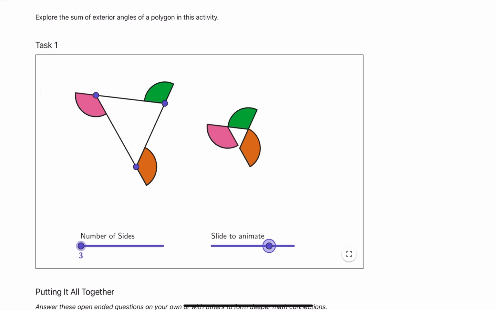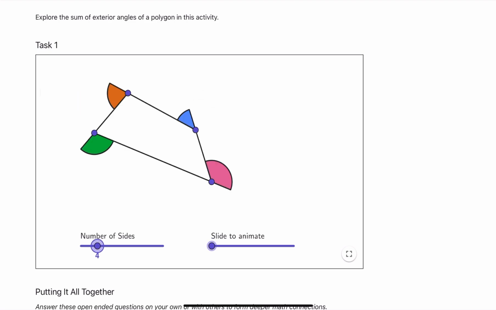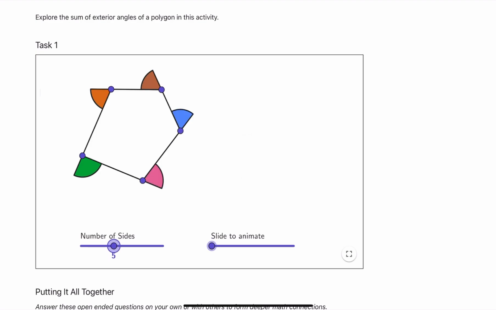Okay, let's put that back. What about if I took four sides? Here's a shape with four sides, and here are the four exterior angles for that shape. If I take all the exterior angles and pull them together, I got another circle. There's another 360 degrees. Let's put that back. Let's go to five sides. Here are all the exterior angles for a five-sided shape.